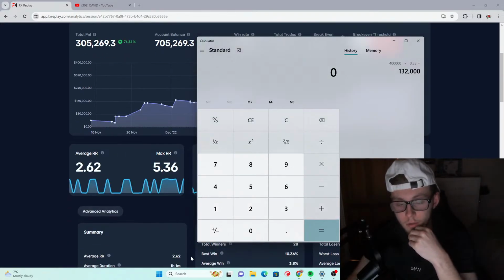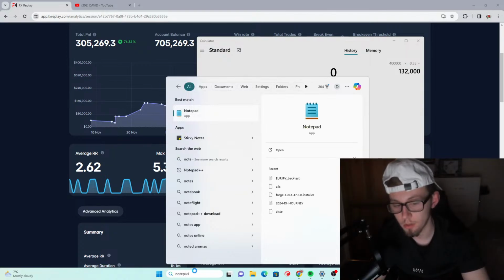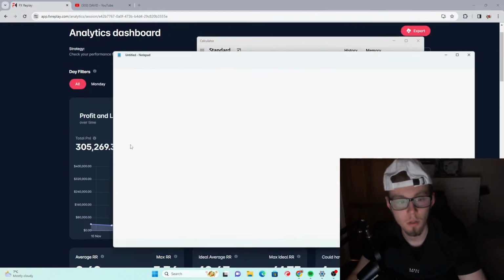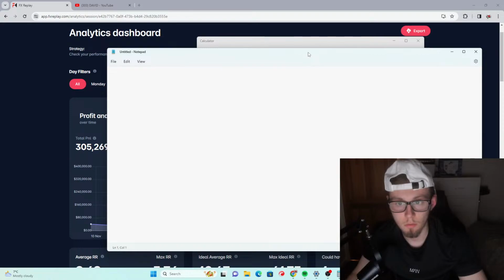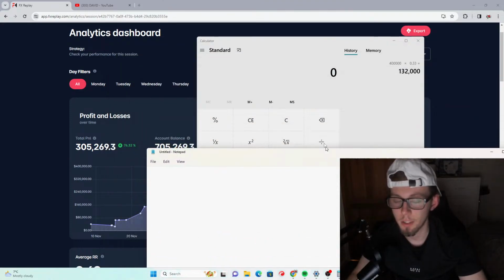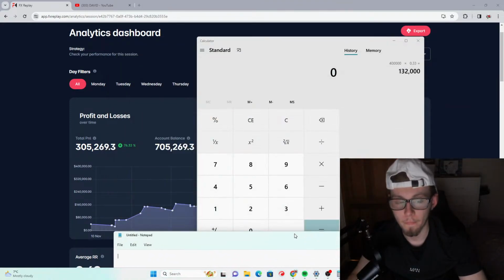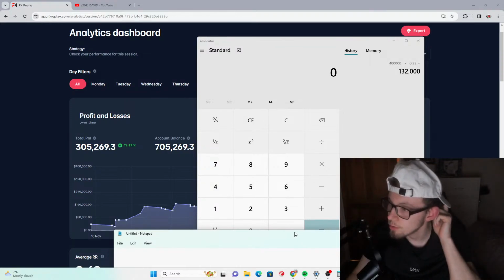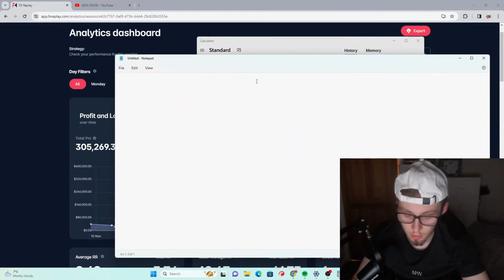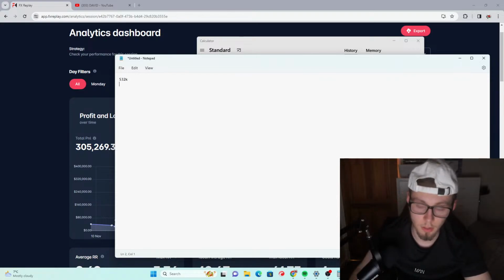And then if we note this down real quick, you'll understand where I'm coming from, the total account balance should not be 700k. We took 132k, which takes us to 532k. Let's just put that.